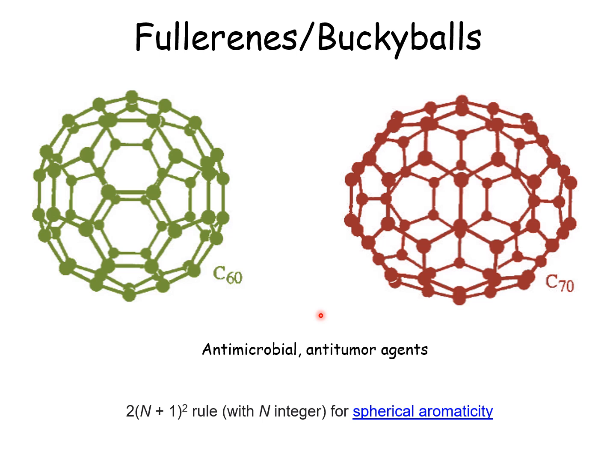Such compounds have been utilized as antimicrobial, anti-tumor agents, but in case of them, Huckel's rule is slightly modified to make it 2(n+1) whole squared, where n should be any integer, and it will account for spherical aromaticity.